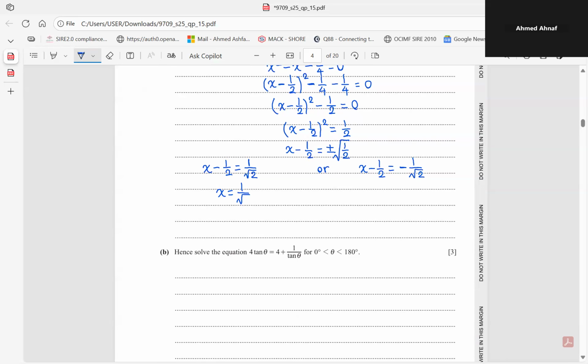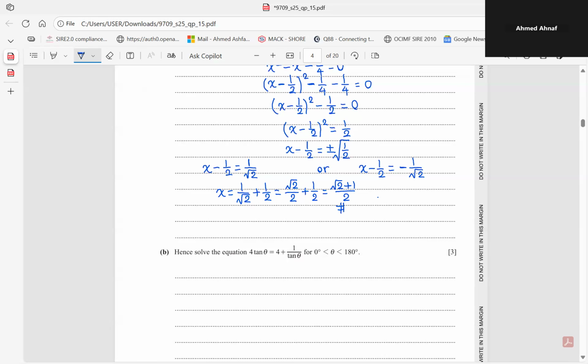So 1 over square root 2 plus half. Let's simplify this. So we're going to rationalize the 1 over square root 2. So this would be square root 2 over 2 plus 1 over 2. You would get square root 2 plus 1 over 2. This is our first solution.